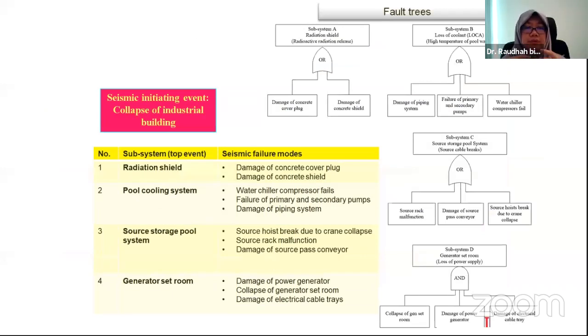So you will bring this further into probabilistic, statistical analysis. In my case, I'm using fault tree analysis to look at the subsystems, when these systems are overlapping, which one is the most critical.